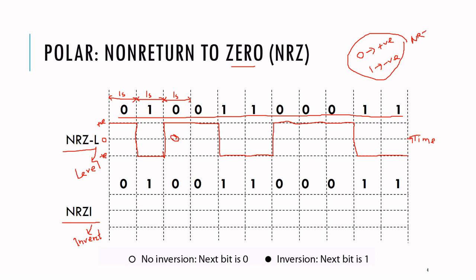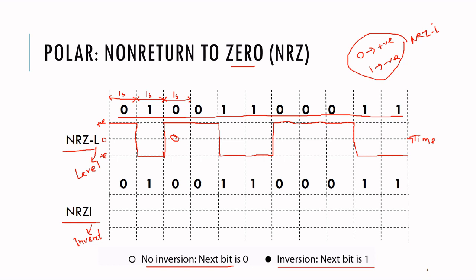But for NRZ-I, what I'm going to do is see the change or the lack of change in the level of the voltage, and that is going to be determining the value of the bit. Now, if there is no change, then this means 0, and if there is an inversion, then that is 1.